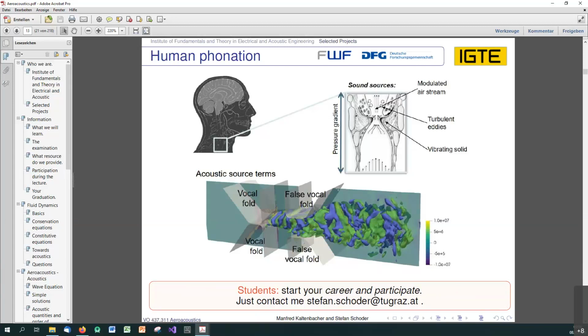The ultimate goal of this project is to get special treatments for people having problems with their voice, like the politician Doskozil. This model SimVoice should be used in the future to predict surgical treatment.